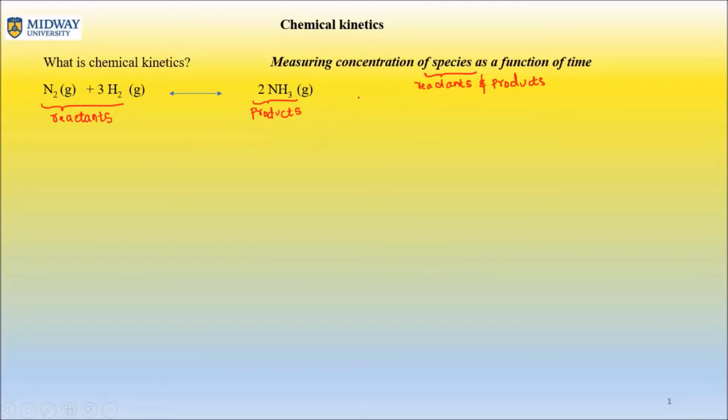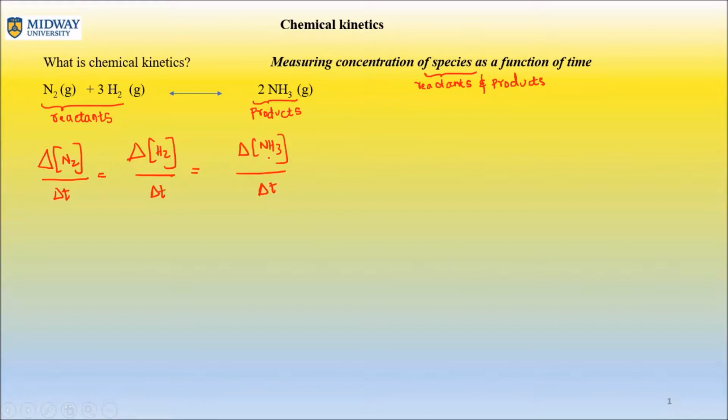What are we referring to by saying concentration of species as a function of time? Well, there are certain ways to write chemical expressions, and delta usually refers to change in something. So we are referring to the change in concentration of N2 as a function of time, equals the change in concentration of H2 as a function of time, equals the change in concentration of NH3 as a function of time.